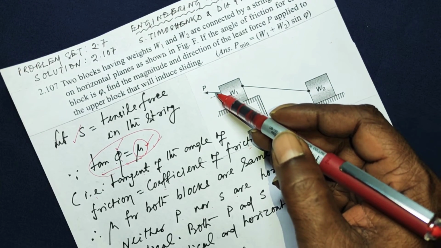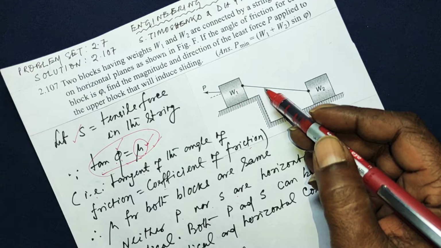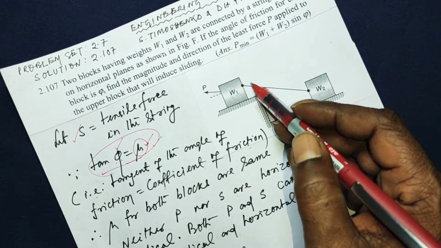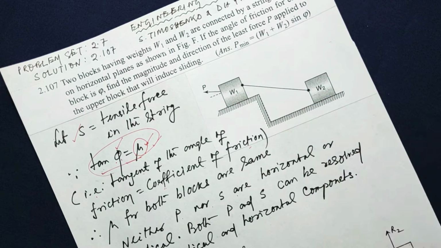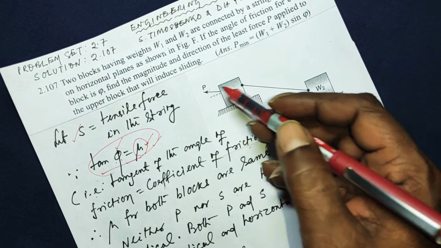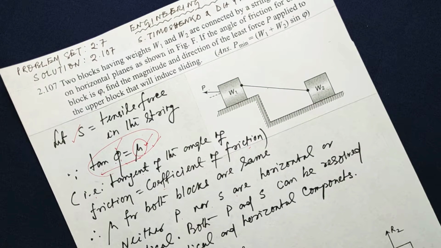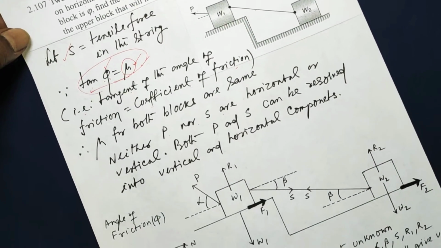P is making some angle with the horizontal, and the tension force developed here, away from W1 to this side and away from W2 to this side, is also neither vertical nor horizontal. So both P and S will have both horizontal and vertical components. Both P and S can be resolved into vertical and horizontal components.